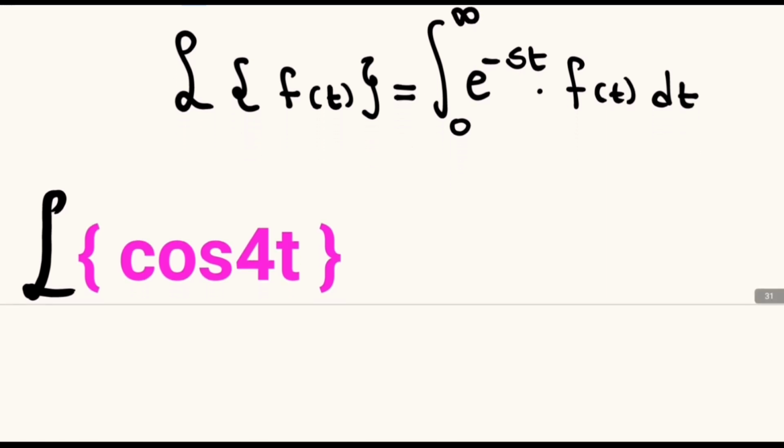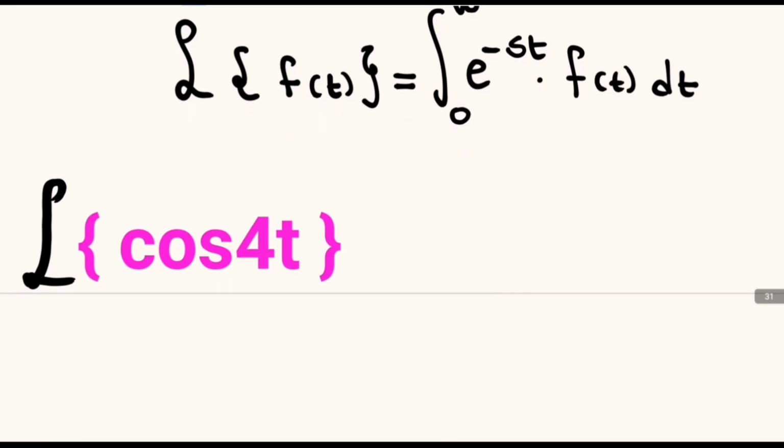In evaluating this Laplace transform, we can use f of t to be equal to cos 4t. However, this will require us to use integration by parts twice.